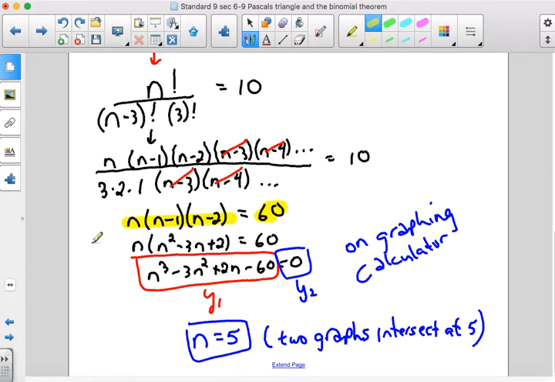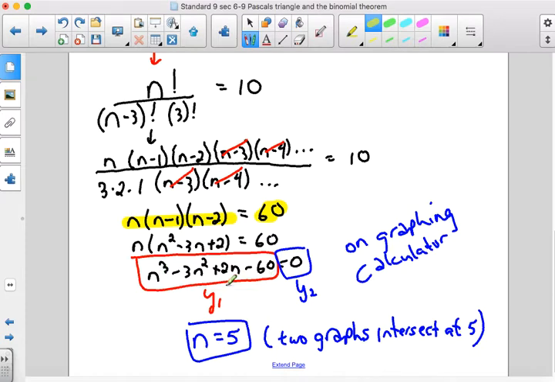I'm going to start distributing all of this and bring the 60 back over to the other side. I have eventually n to the third minus 3n squared plus 2n minus 60 is equal to 0. Now, I'm trying to find the value of n. I can do factor by grouping here, most likely.